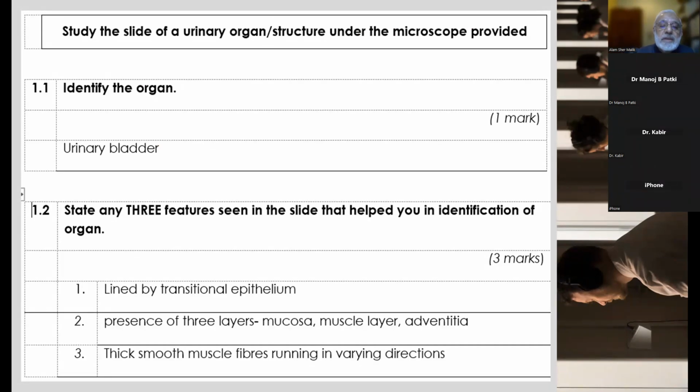But the second is very important, that you have to give features which are seen on that particular slide. It's not that the student can answer based on theoretical knowledge, but they have to note the features which are seen on that slide. So again, it becomes really searching and something which students have to really look for.